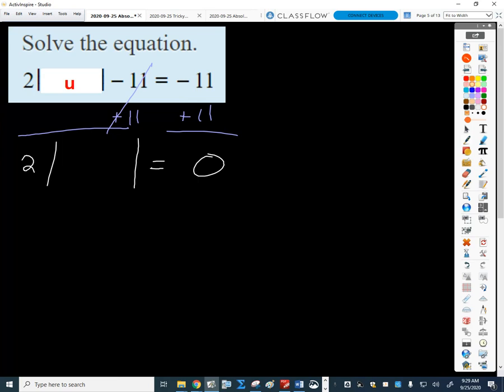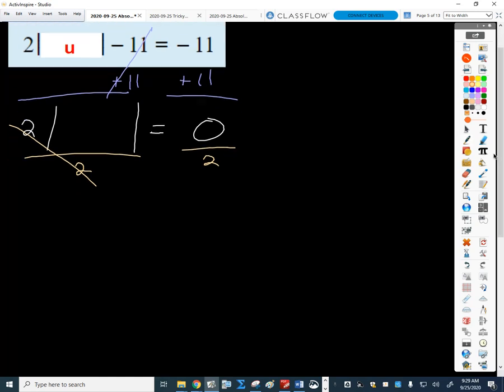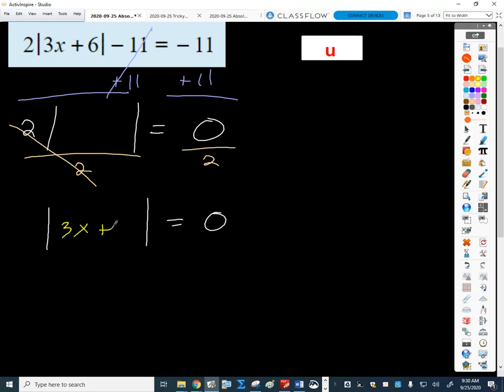And you might be thinking, oh man, can I do that? Yeah, you can. You can divide 0 by 2. Everybody, what is 0 divided by any number except 0? 0, yeah. Okay, so then we get our absolute value isolated. We got it by itself, and it's equal to 0. So now let's look inside. If I take this out of there, what's inside is 3x plus 6.